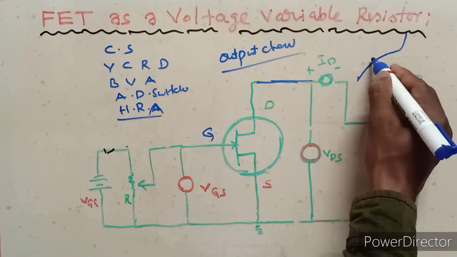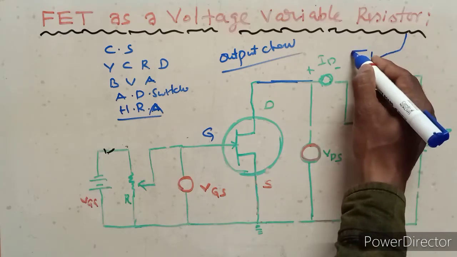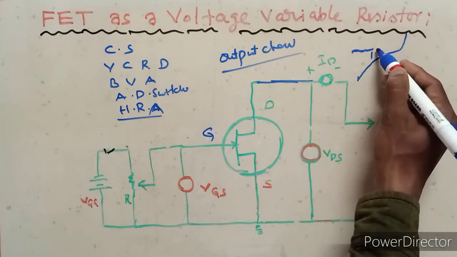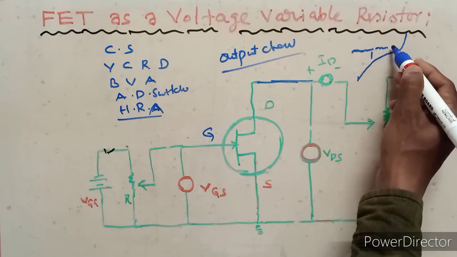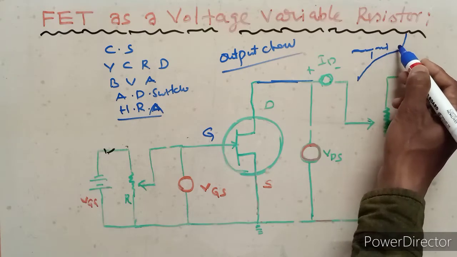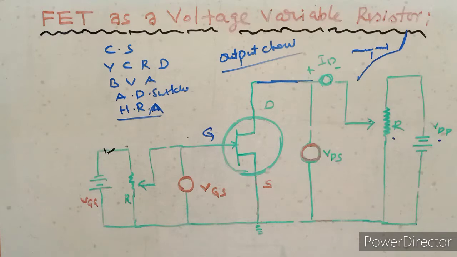First is the ohmic region, this is the saturation region, after that pinched off region, after that breakdown region.